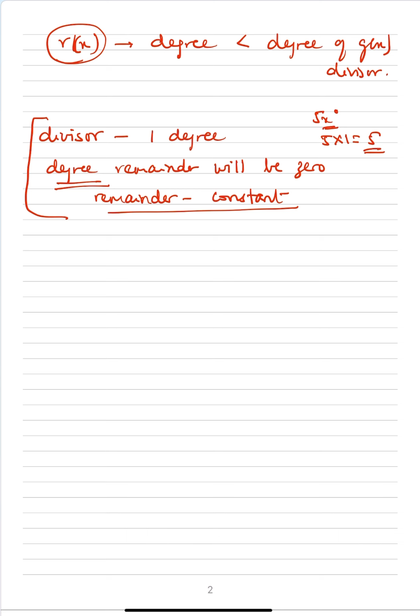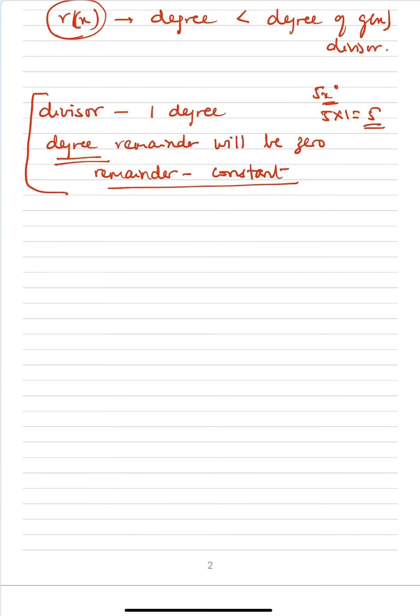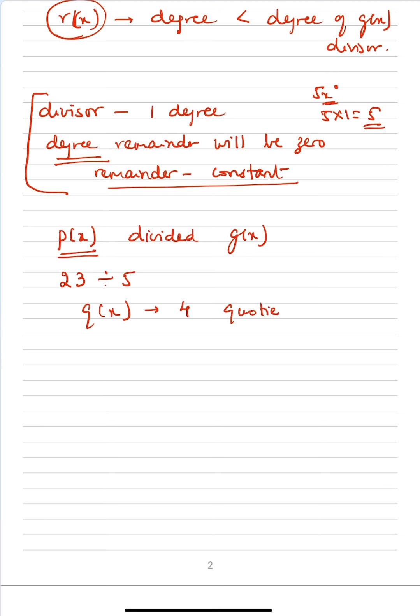Got it? Again, I will explain it once more. If p of x is a polynomial which is divided by a polynomial g of x, that is, if 23 is divided by 5, then q of x will be the quotient, which is 4 in the above example, and r of x will be the remainder, that is 3, which we got in the above example.